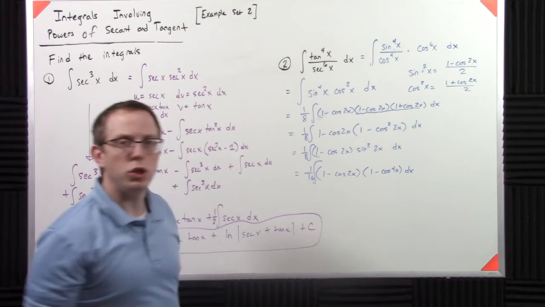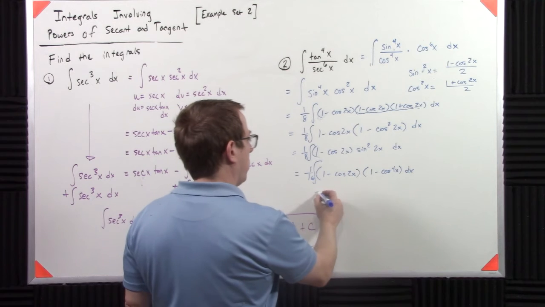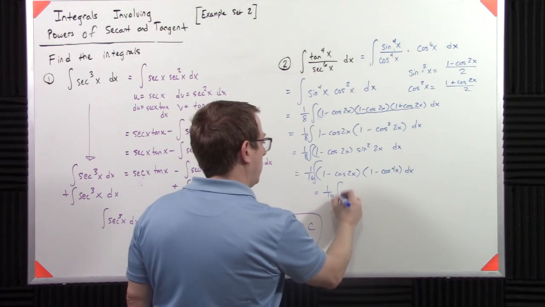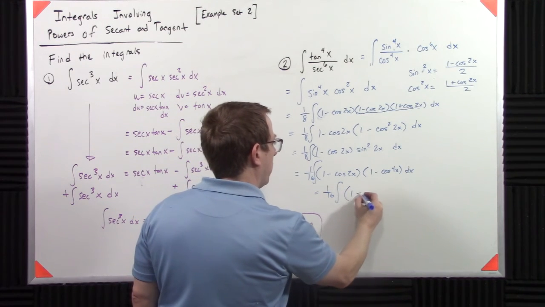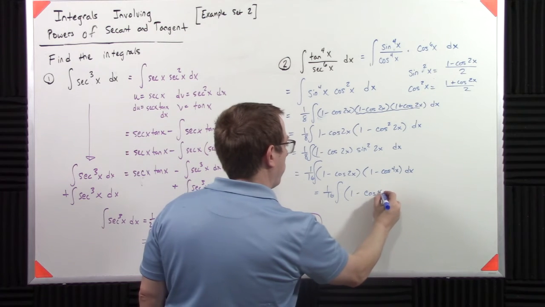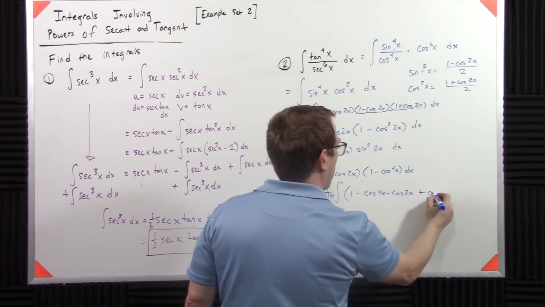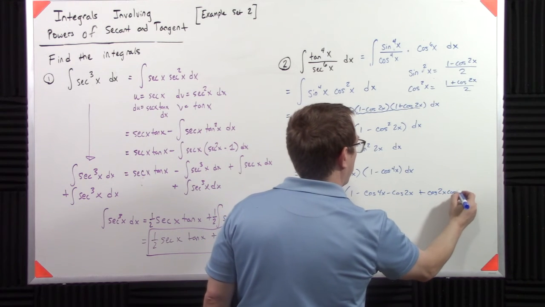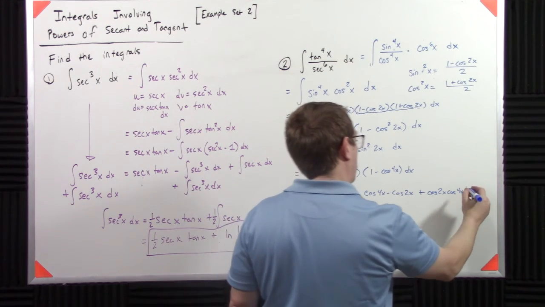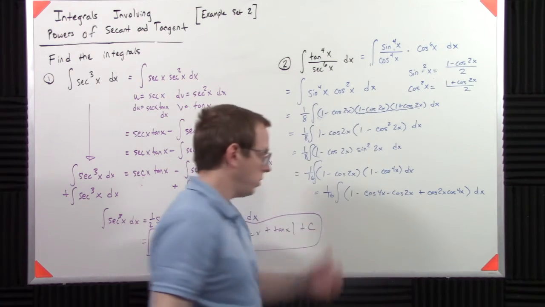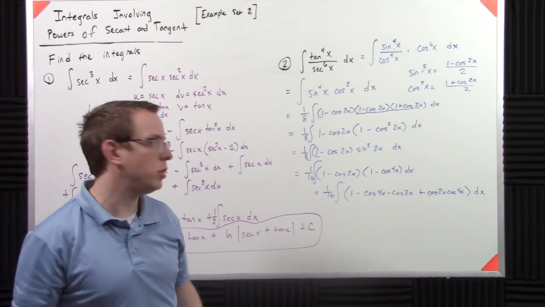So this presents an issue. The reason why is because then you end up with 1/16 integral of 1 minus cosine 4x minus cosine 2x plus cosine 2x cosine 4x dx. Right, so that's an issue there that you run into.